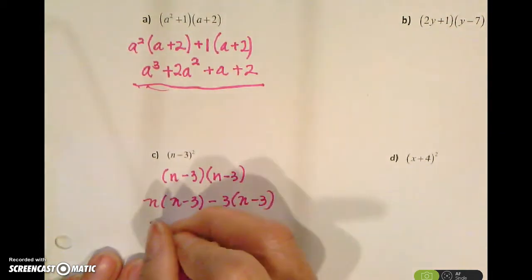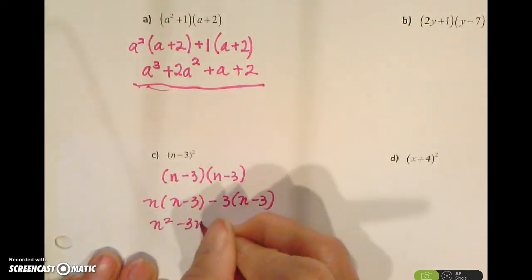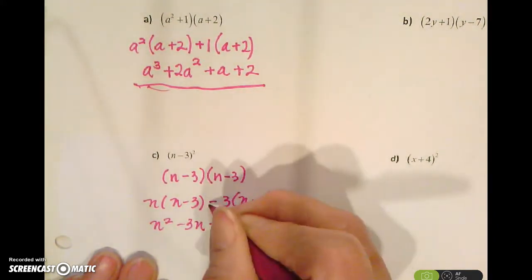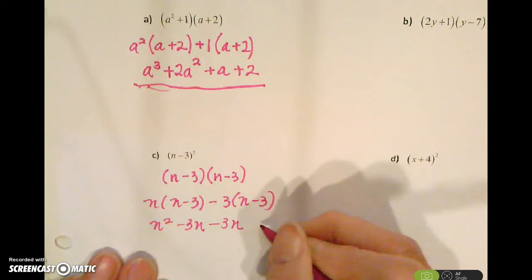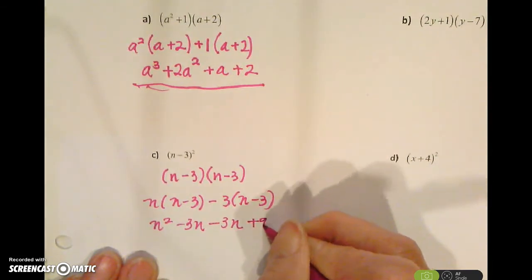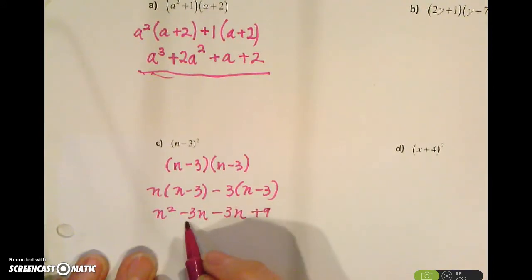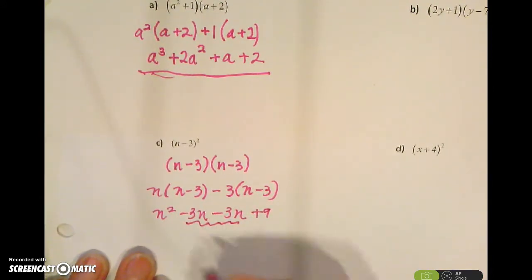Then distribute and get n to the second minus 3n. Here I have a negative 3 times n is negative 3n, and a negative 3 times a negative 3 is going to be a positive 9. Then look for common like terms. So those are like terms.